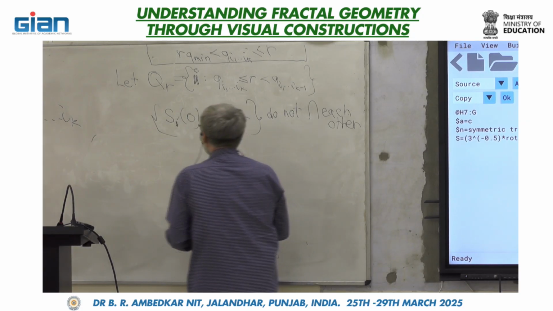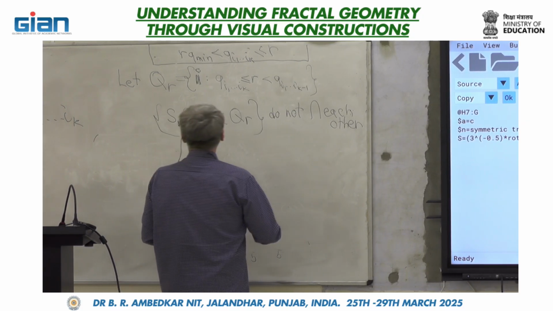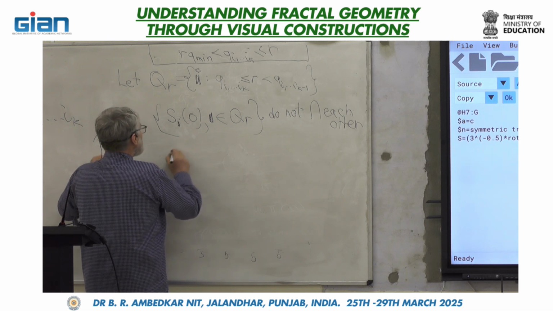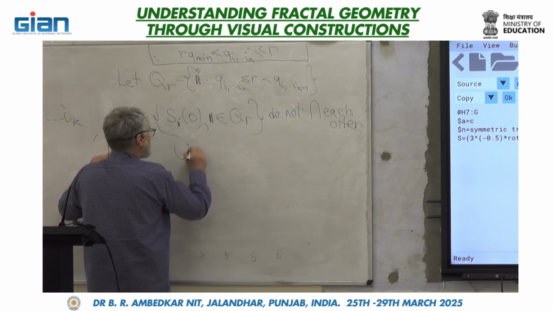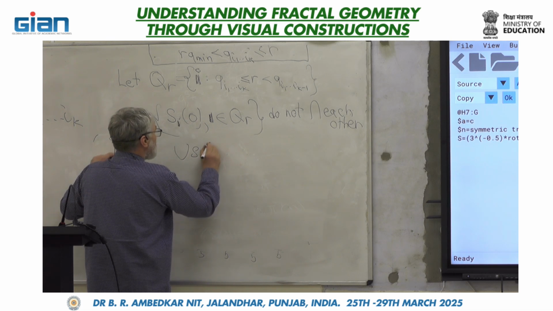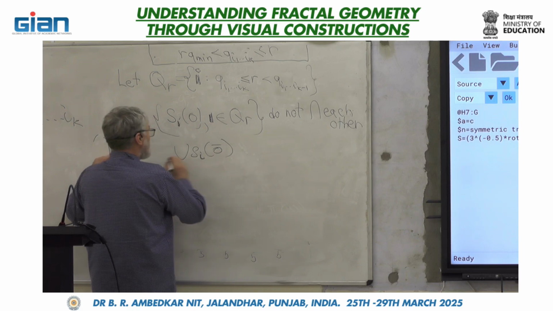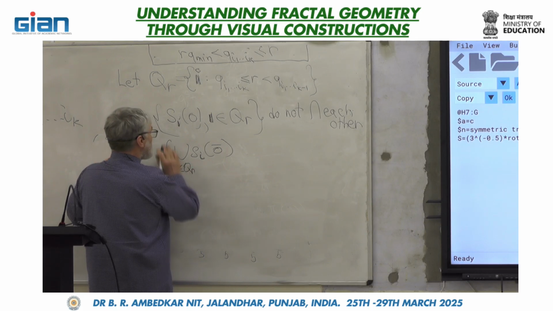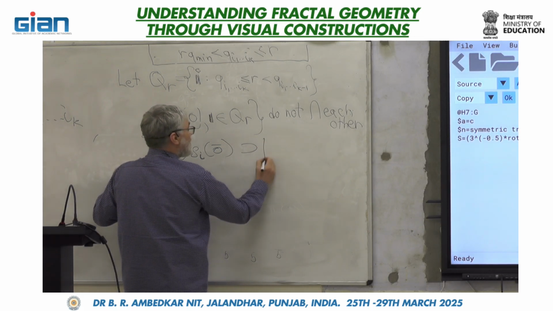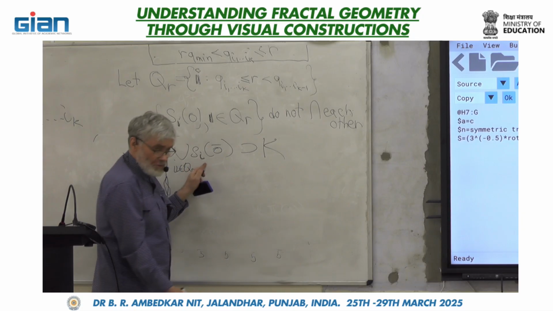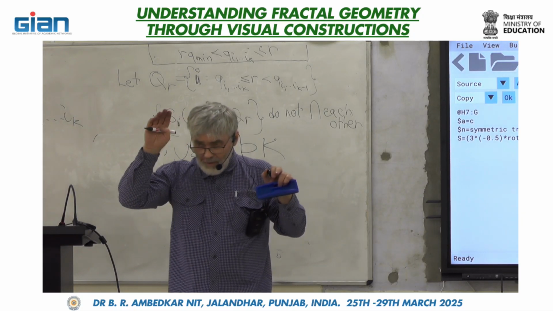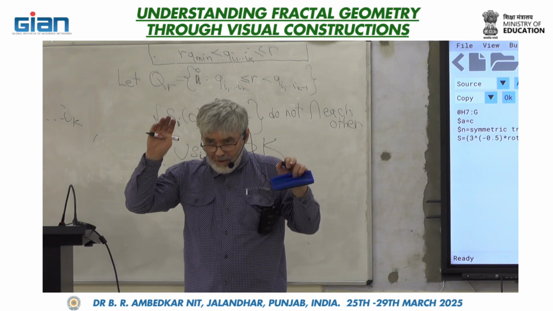But at the same time, this family is full in the sense that the union of Si of the closure of O, where I is in QR, contains K. The images of the closure of the open set will cover the whole K, right?